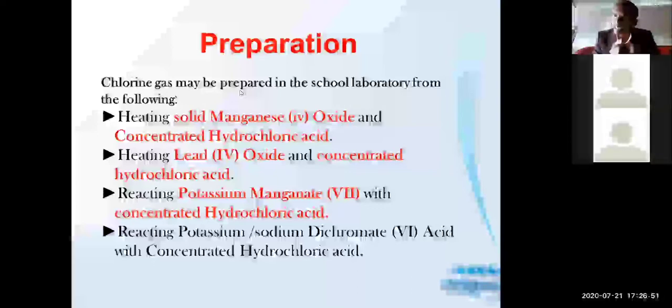Manganese 4 oxide is an oxidizing agent. So it is being used here because it will oxidize hydrochloric acid to water and chlorine gas. You have to know that very well, and it itself will be reduced. We'll explain that in detail, and please work with me as I explain this.